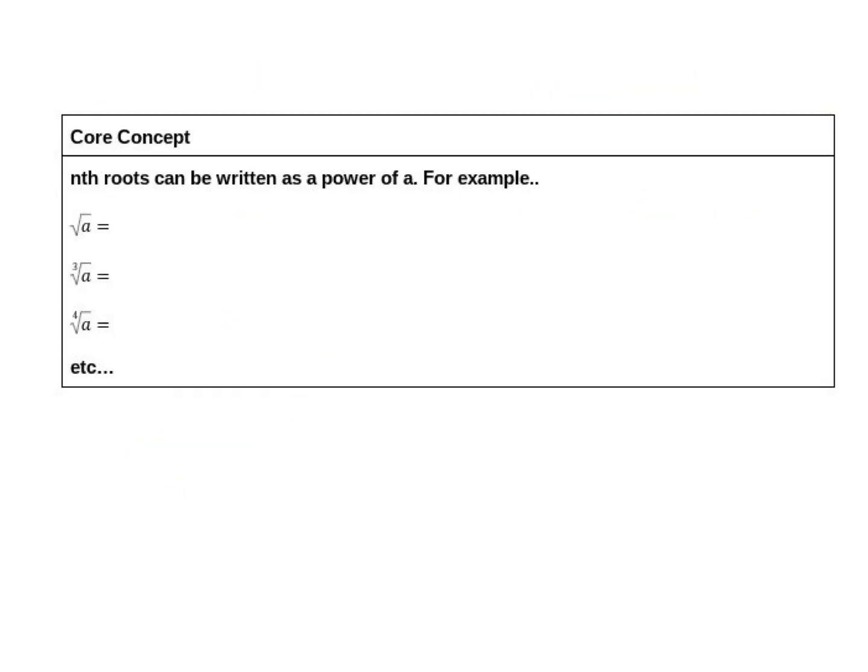Okay, nth roots can be written as powers. For example, if you have the square root of a number, that can be written as a to the 1/2 power. Whatever the index is, so this one has an index of 2, whatever the index is goes in the denominator of the rational exponent.